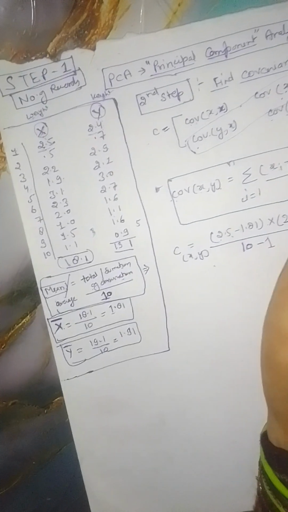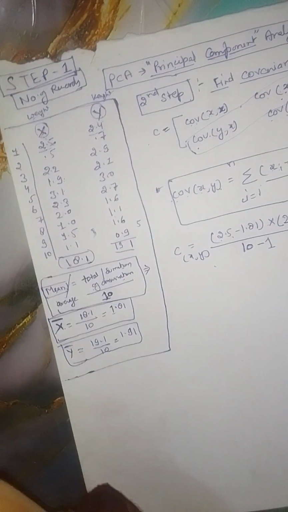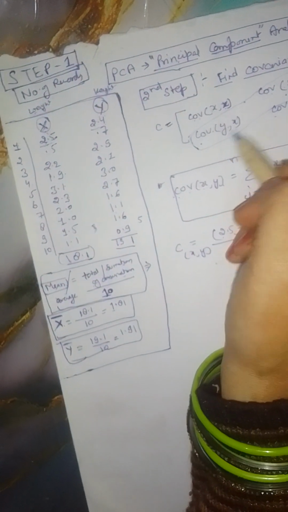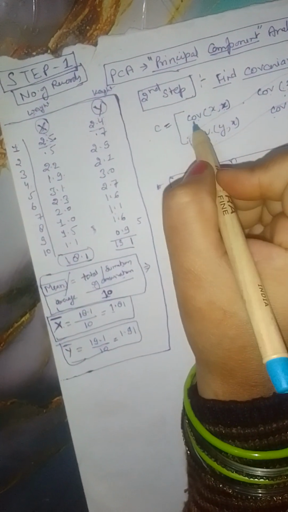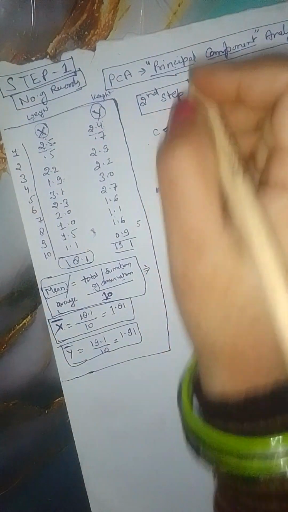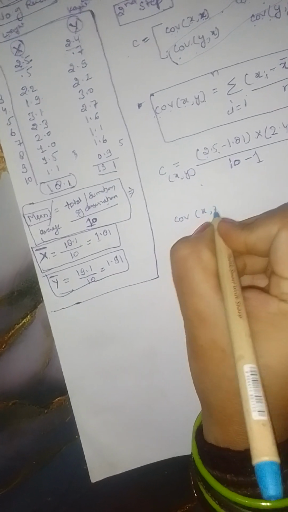Whatever the answer is, that would be the covariance of x y, but our main focus is here on the covariance of x, because these two terms are the same. Our main focus is the covariance of x and the covariance of y. So first I'll take you through how we will calculate the covariance of x.